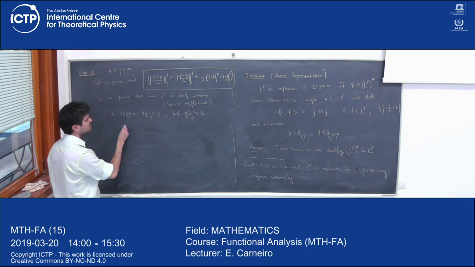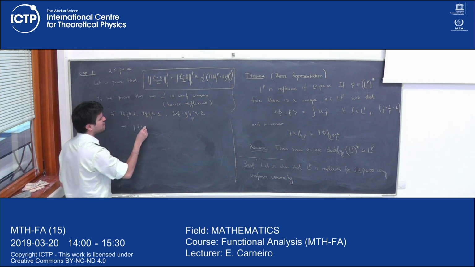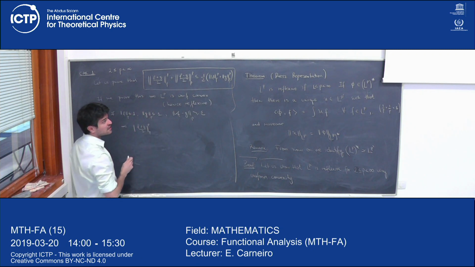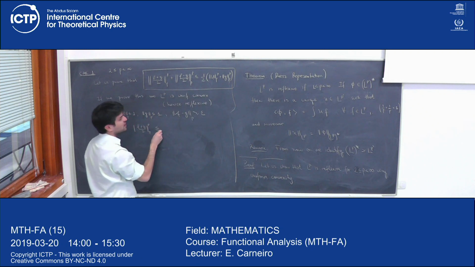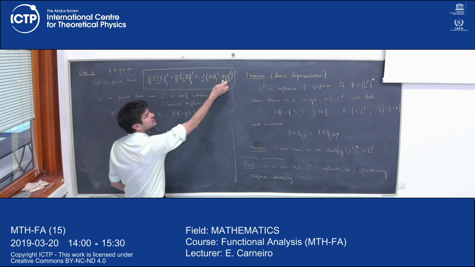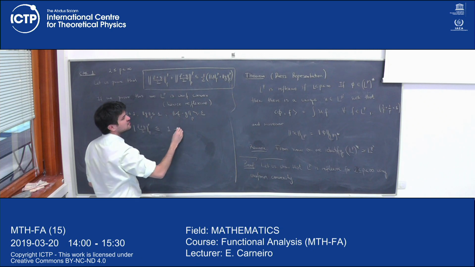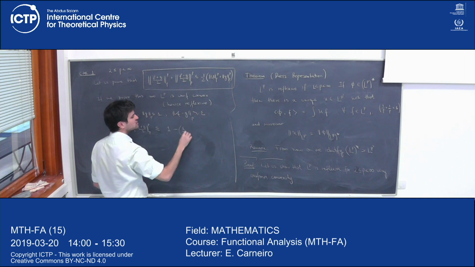this means that, if I just move this term to the other side, the norm of (f plus g) over 2 raised to the p is less than or equal to one half of 1 plus 1, so I get 1, minus this term, which is bigger than epsilon, so it is less than epsilon over 2 raised to the p.